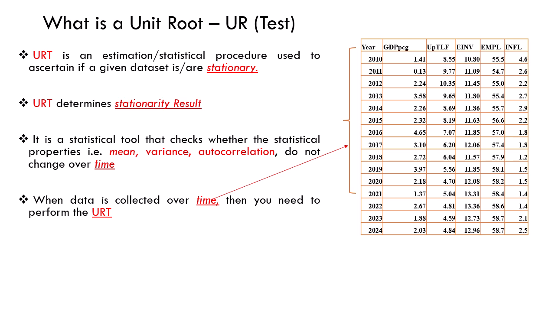Because of that, this data will exhibit different data gathering processes, and we say that the data exhibit what we call the random walk behavior.